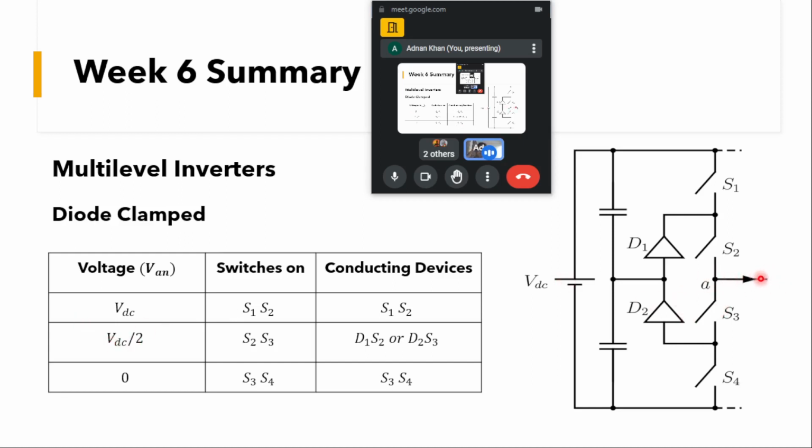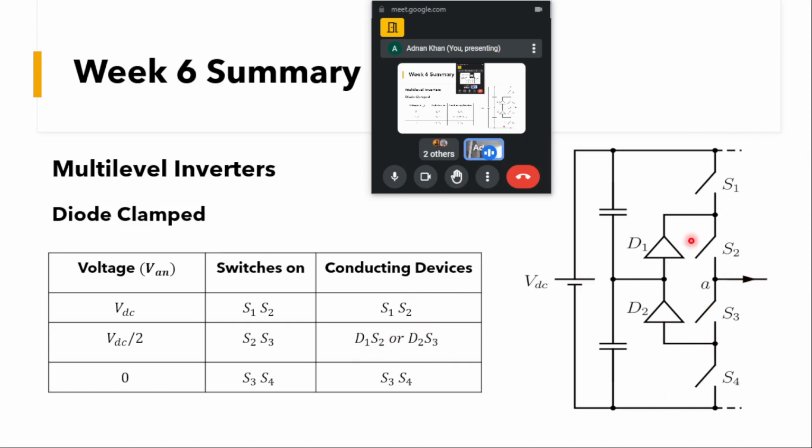And now if my current is negative, the conducting path will be through S3 and D2, and VAN will be equal to VDC by 2, not minus VDC by 2, even with negative current. So during positive current, D1 and S2 conduct, and during negative current, D2 and S3 conduct.